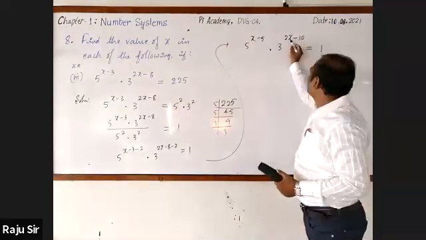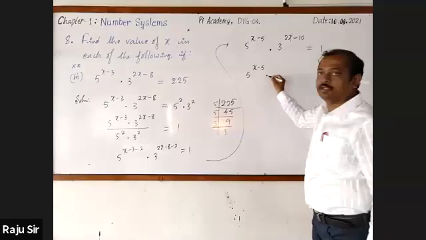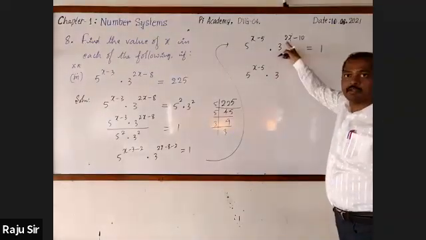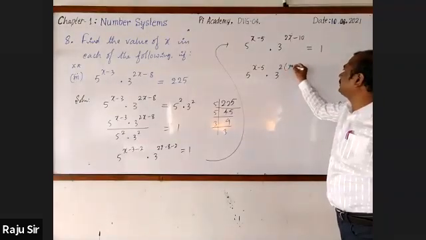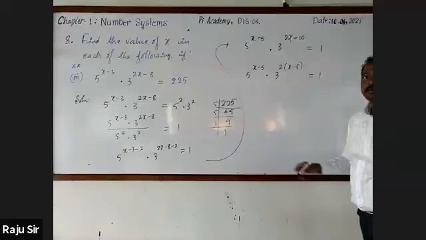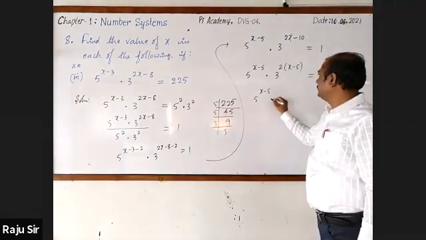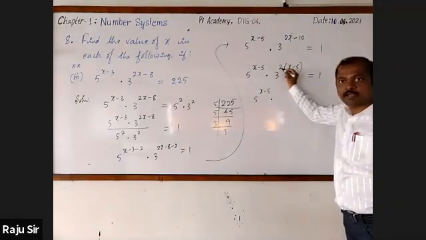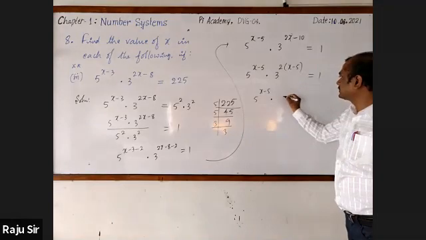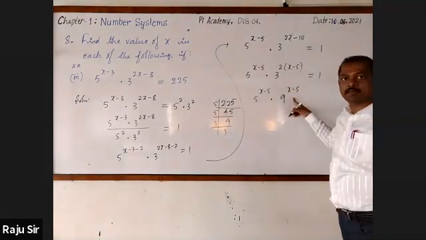Can we take 2 as common factor? Yes, sir. 5 raised to the power x minus 5 into 3 raised to the power, if I take 2 as common factor, it will be x minus 5. This is equal to 1. Now 5 raised to the power x minus 5 into 3 square is there. I can write it as 9 raised to the power x minus 5.